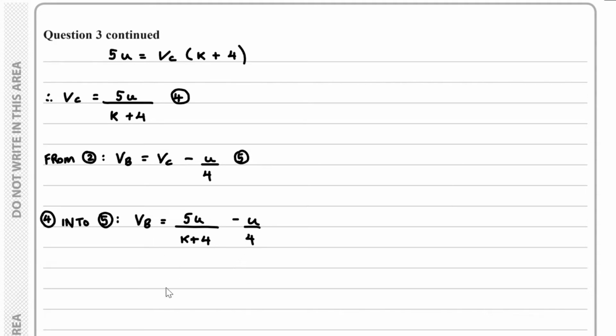So now we can tidy all of this up. So if we cross multiply, we've got 4 lots of 5u minus u lots of k plus 4 divided by 4 lots of k plus 4.